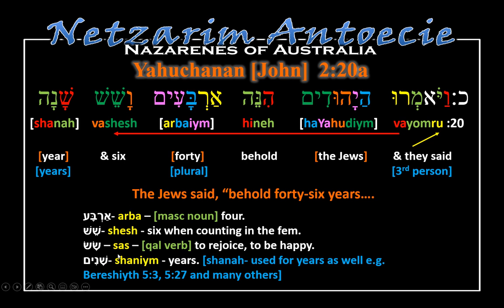And of course, sas is a kal verb to rejoice, to be happy. I'm giving you that because we know shesh means 6 when counting in the feminine. So this means 6. But if we look at the root of it, sas also means to rejoice, to be happy. Just so you don't get confused with the two, because they could look very similar.